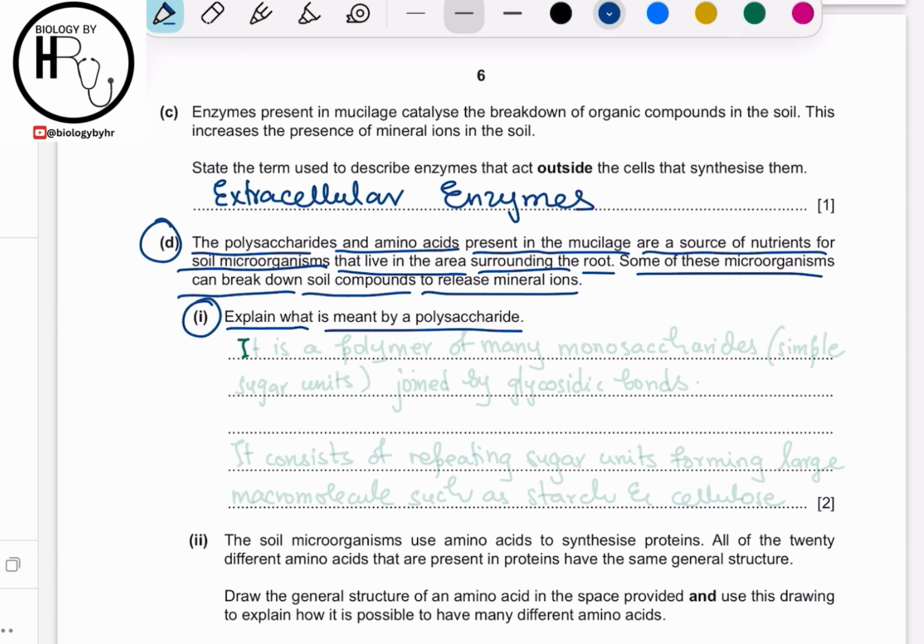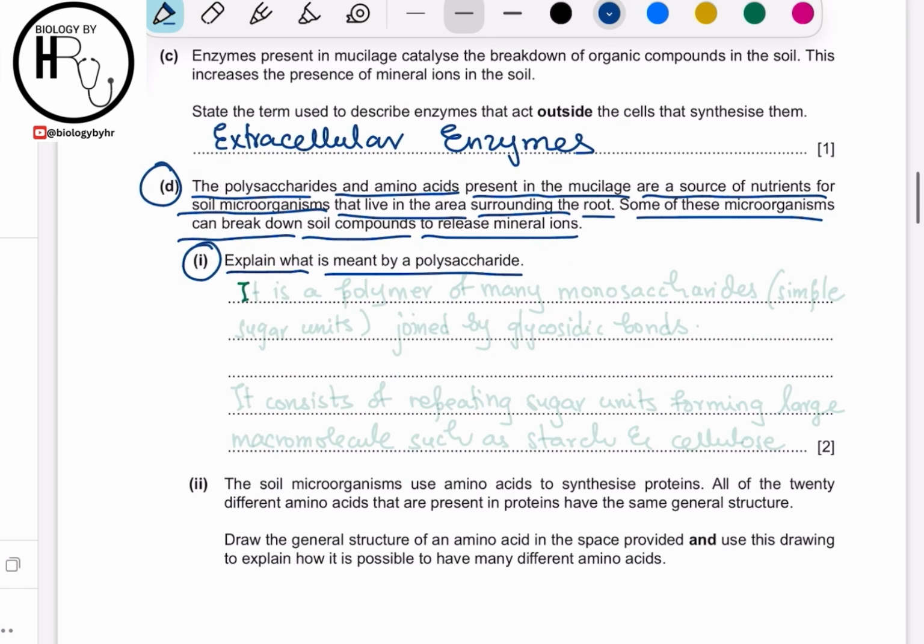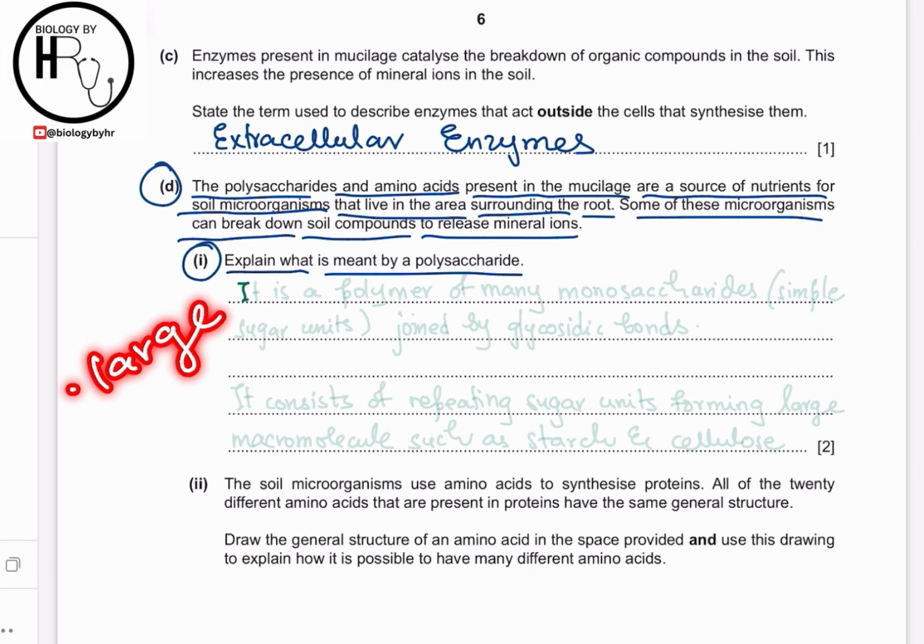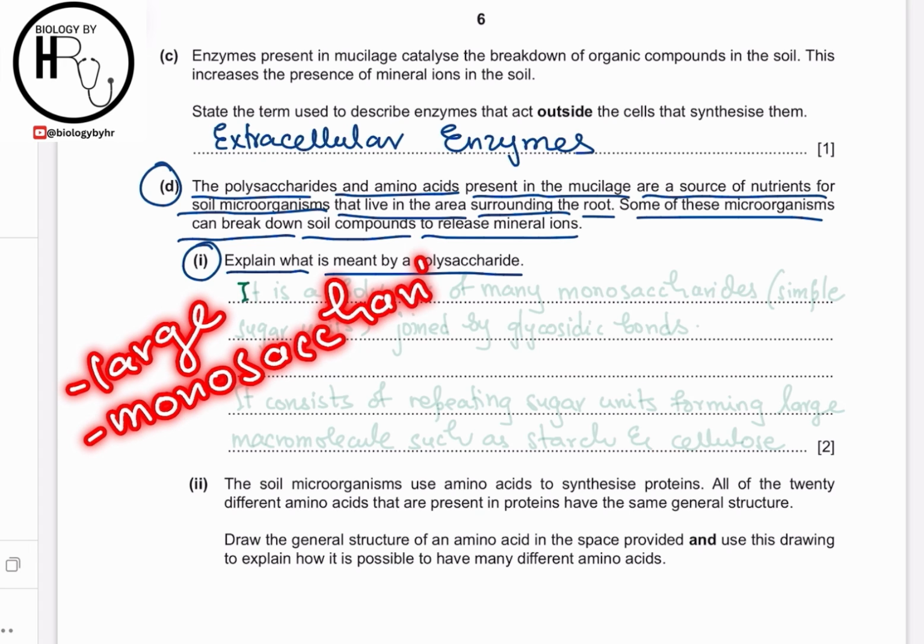We all know that polysaccharides are large carbohydrates which are made up of monosaccharides, right? Wait, let me write that down. These are the key terms which I am writing over here: they are large carbohydrates made up of many monosaccharide monomers, for example glucose, and they are linked together by the glycosidic bond.